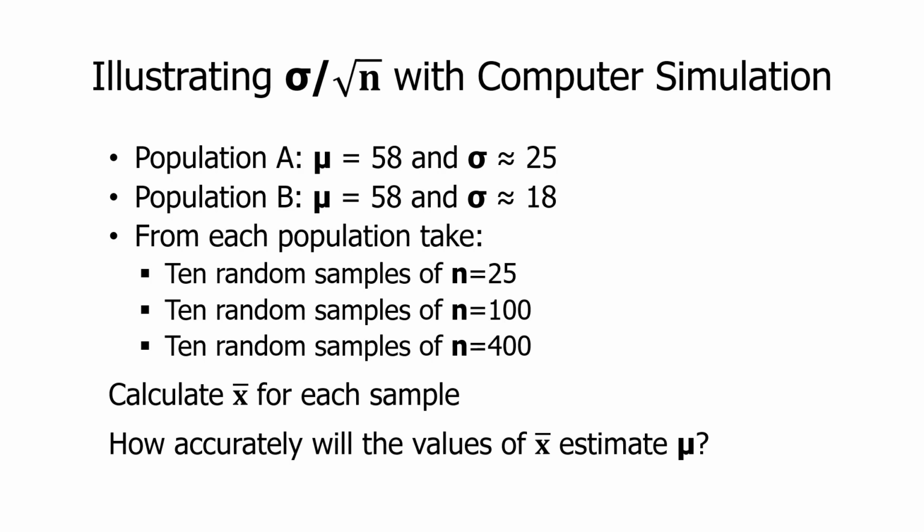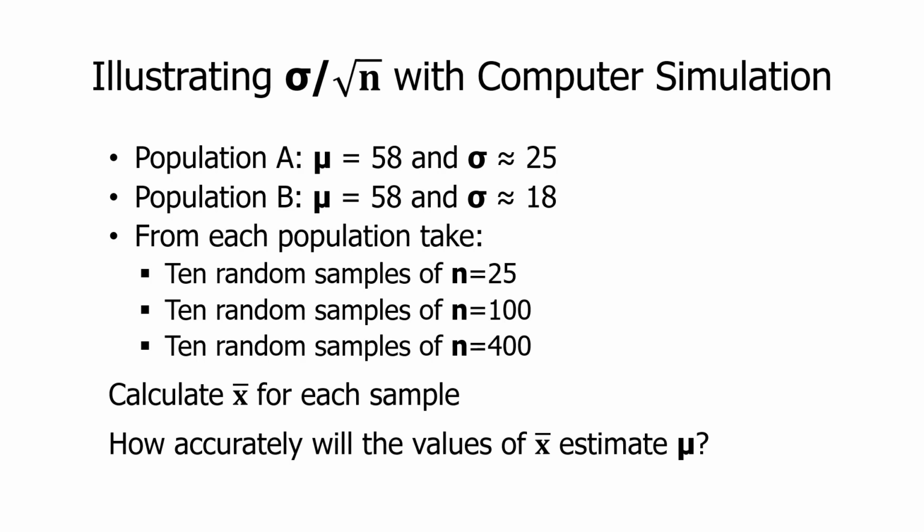And this will permit us to see the effect of sample size on the amount of random sampling error that's produced. And also, when we compare population A and population B, we'll be able to see the effect of differences in variation or standard deviations.